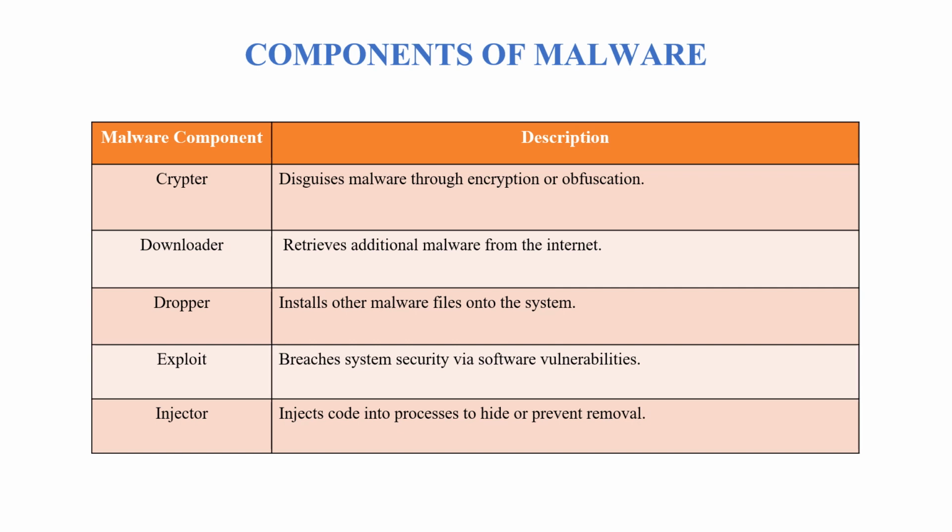It breaches the system security via software vulnerabilities. So exploit itself is a malicious code which is used to breach the system security by taking advantage of different vulnerabilities. Next is injector. It injects malicious code in other vulnerable processes to hide.